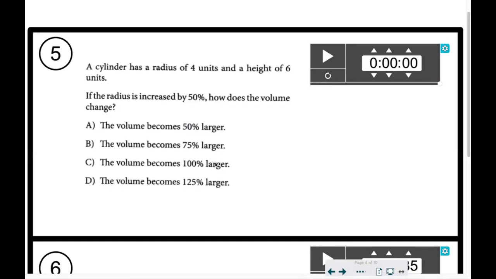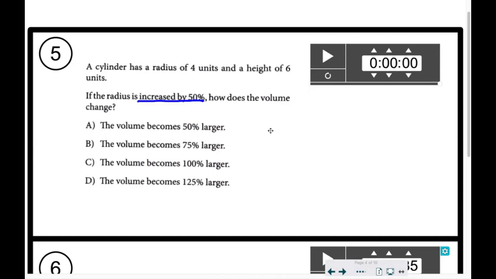The reason that it's not a scale factor problem is because it says only the radius changes and it doesn't say the height changes. In order for a scale factor to work, all of the dimensions would have to be changed by that same number. So I'm going to show you two different ways to do this one.